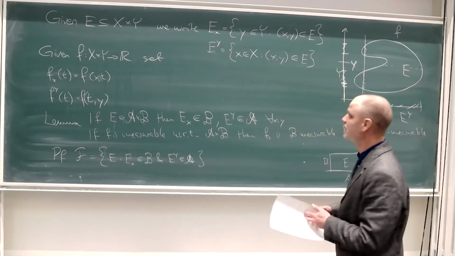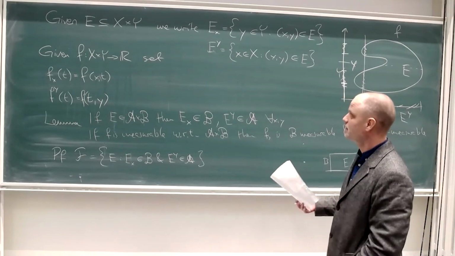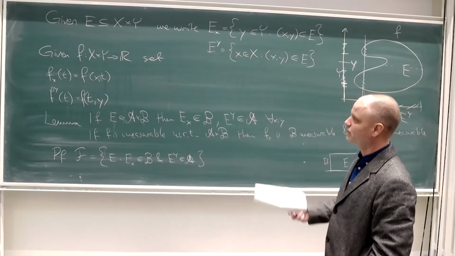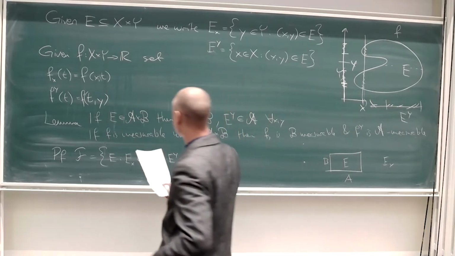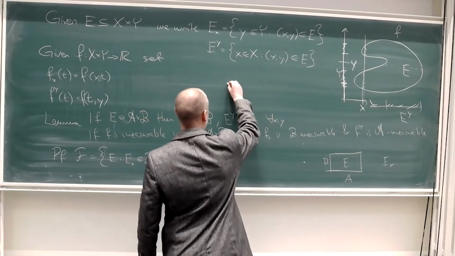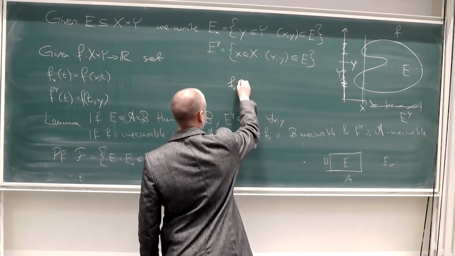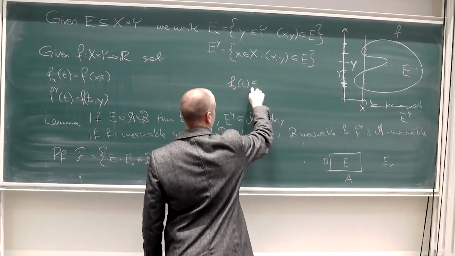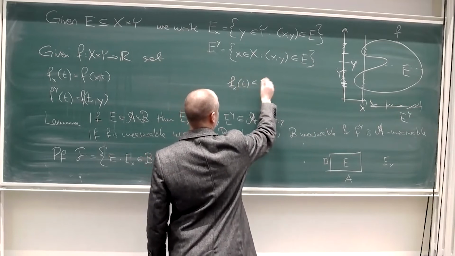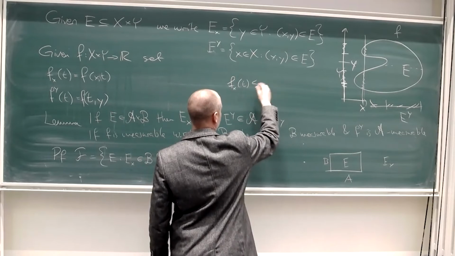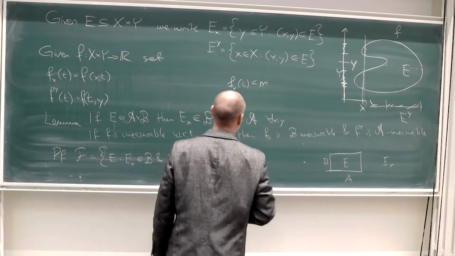Okay, and then for the second part, it's immediate, because now we're going to look at sets like f_x less than some number, I also used to call it t, let me call it m now.